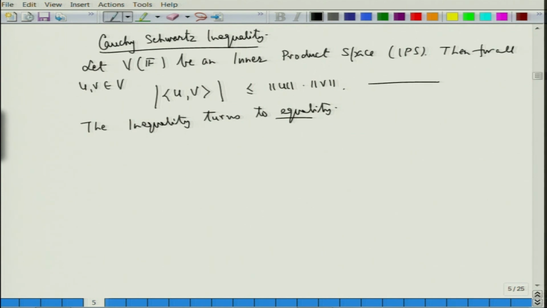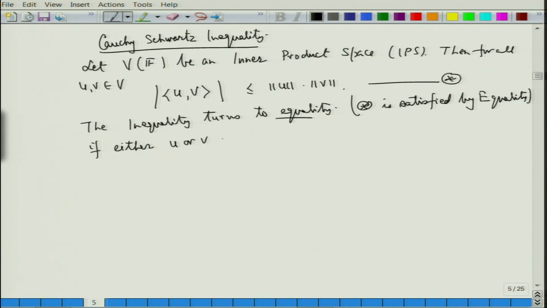So, we are saying that this star, if I look at star, is satisfied by equality if either u or v is the zero vector, or v is equal to alpha u for some alpha belonging to F, all right.